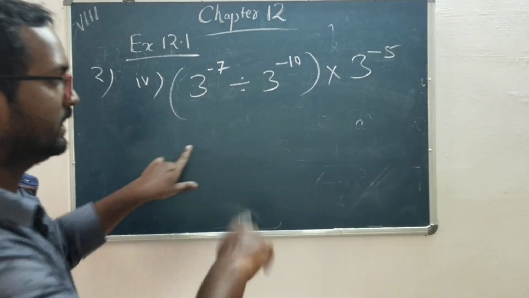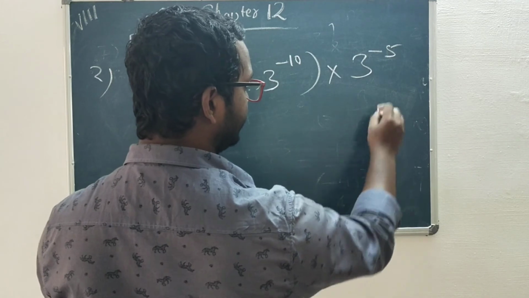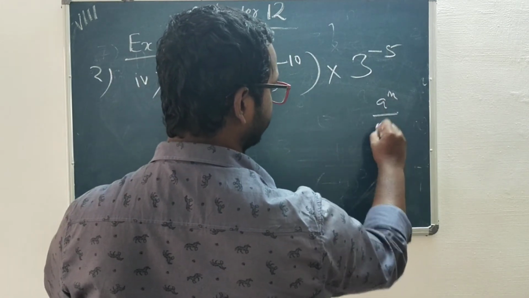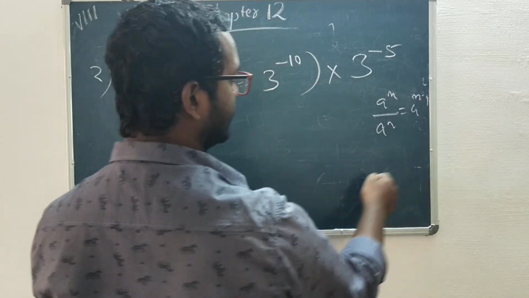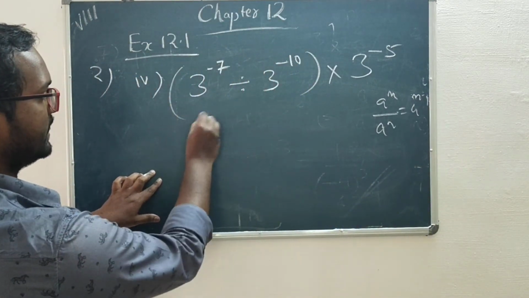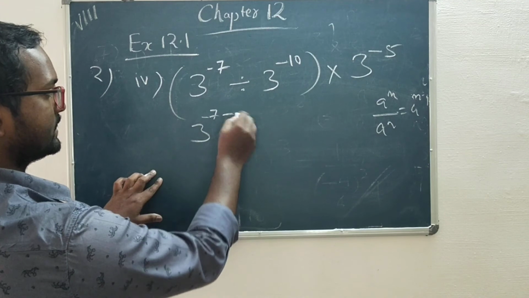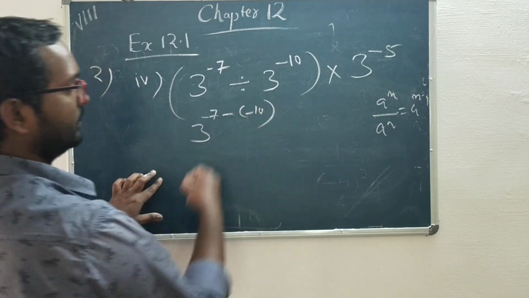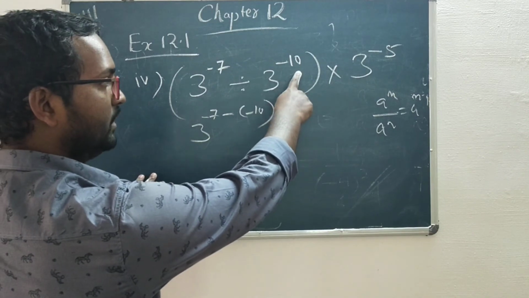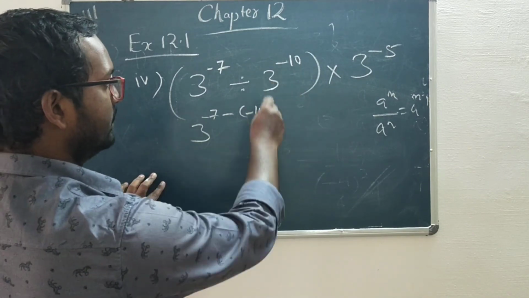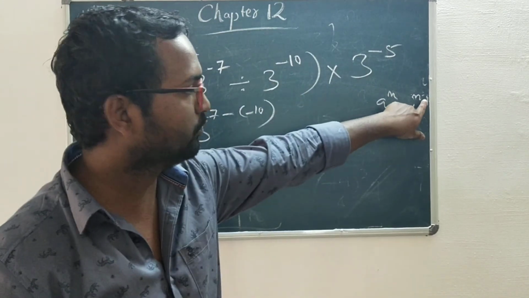We know when the base is same and it is in division, we have to subtract the powers. So we get here 3 power minus 7 minus of minus 10. This power already has a minus sign, plus in our formula we have to put one minus.